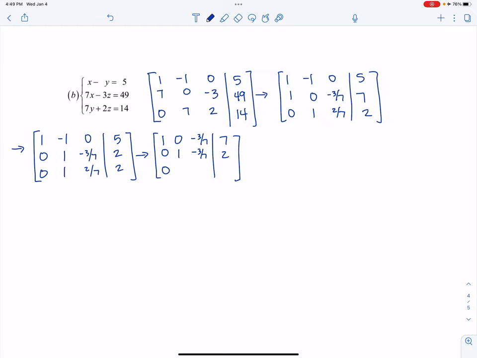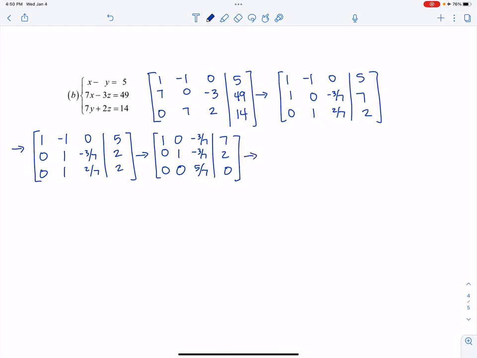Now we can do the same on the bottom, but we have to multiply the middle by a -1 and add it to the third. So we're going to multiply the second row times a -1 and add it to the third row. So we'll have -1 plus 1 is 0. +3/7 and +2/7 is a +5/7. -2 plus 2 is 0.